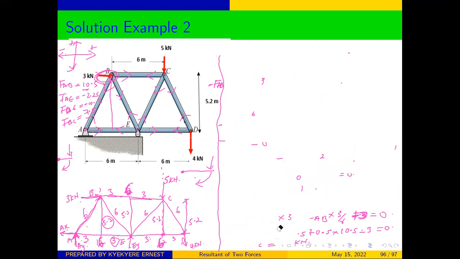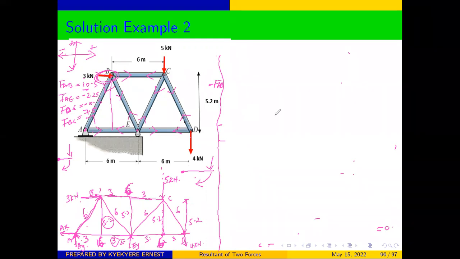From here, we can now move to joint A, because we know the force in member AE, and we also know the force in member BE. Therefore, we only have 2 unknowns now at joint E. We can quickly analyze joint E. If this is joint E, this is joint E.